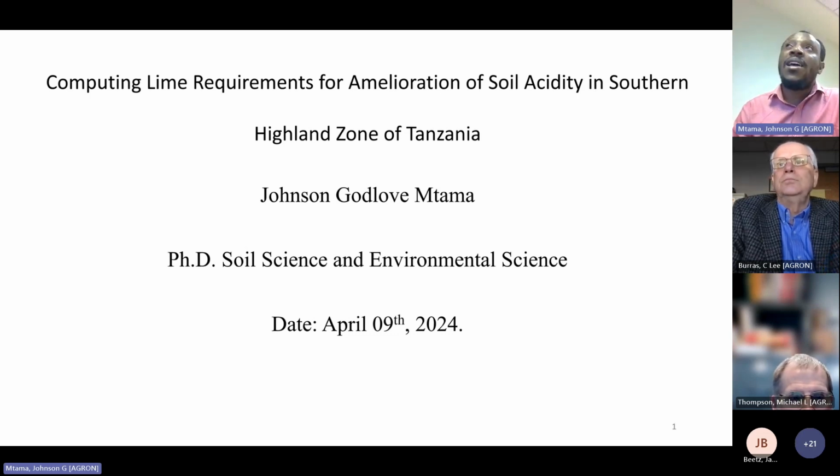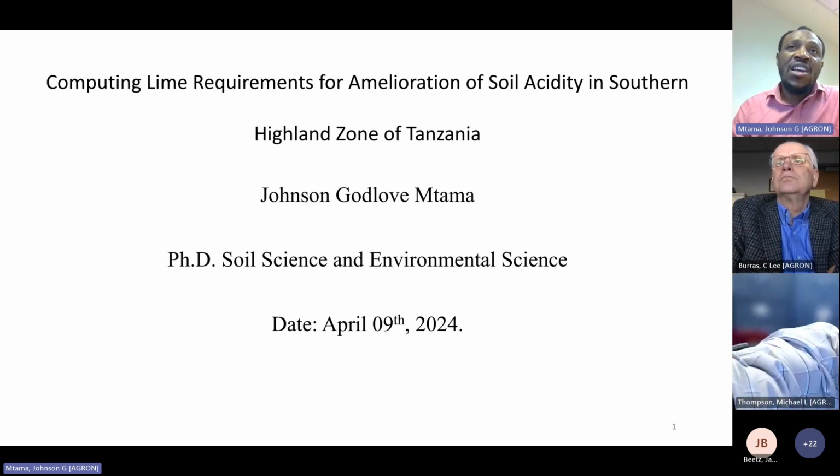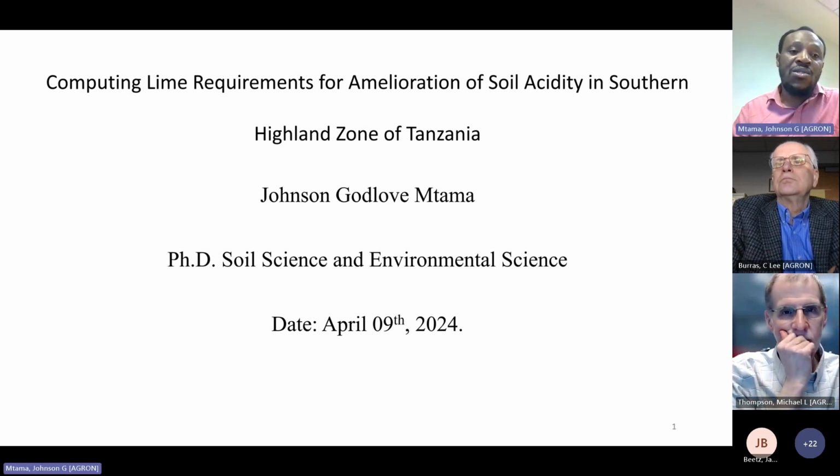And the other keyword is the lime requirement, which is essentially the amount of lime required to be applied in a piece of land that is affected by soil acidity, and raise the soil pH to the level that is desired by the target crop in the specific agroecology. Having said that, then we can navigate the talk now.